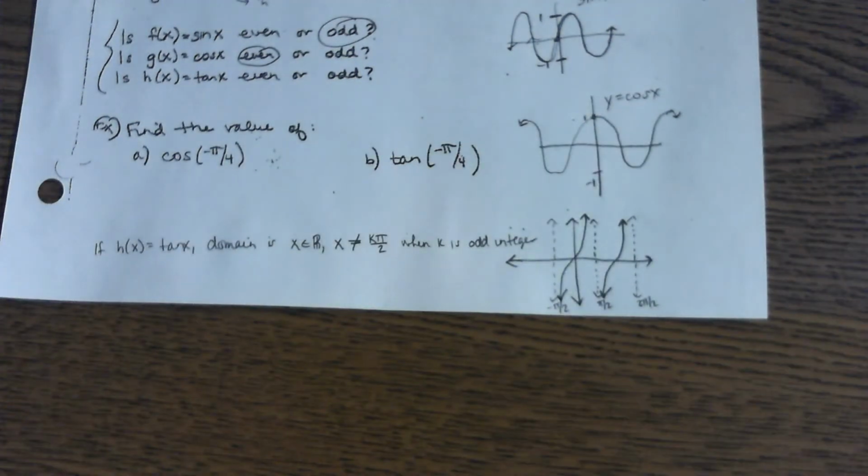So k could be 2. 2 pi over 2 is not a problem. But 3 pi over 2 is, and 5 pi over 2 is, and every odd pi over 2.